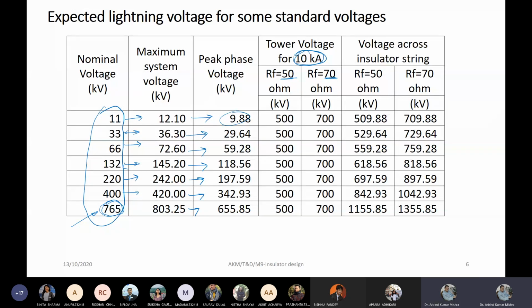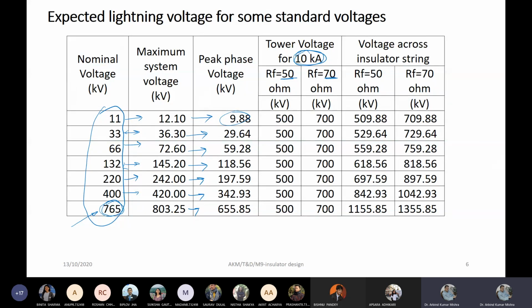And one thing I forgot to mention in the last class is why low tower footing resistance is a requirement. Because if the tower resistance is high, the voltage across the insulator in case of lightning becomes very high.